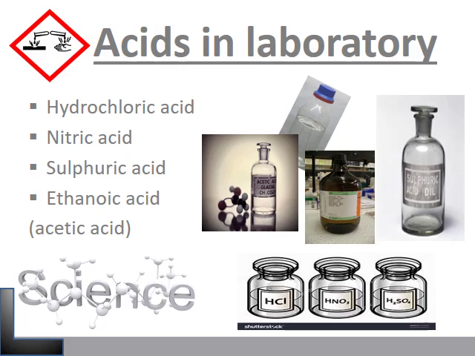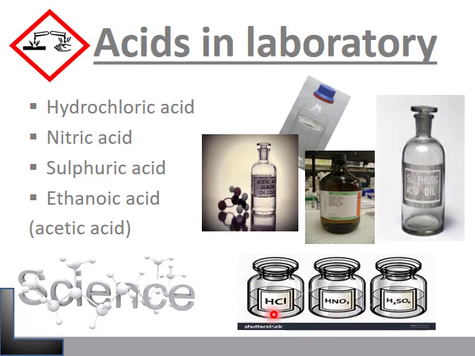Some acids that are being used in the school science laboratories, you can today learn their names. Number 1 is hydrochloric acid, and then it is nitric acid. As you can see in these bottles, we can keep acid in these bottles in the school laboratory.